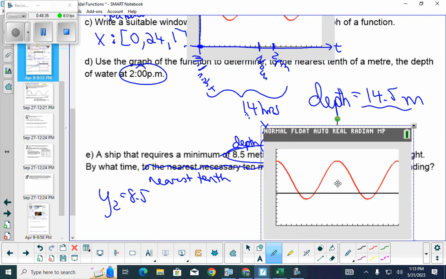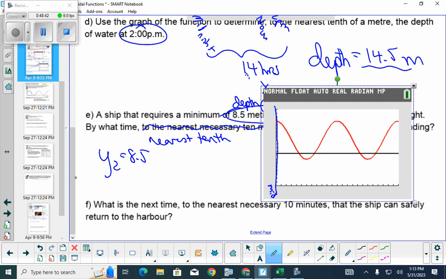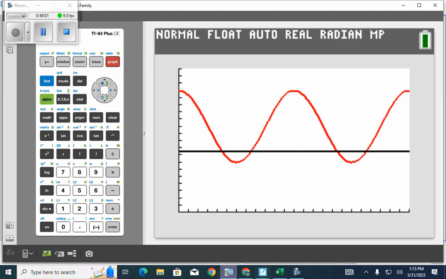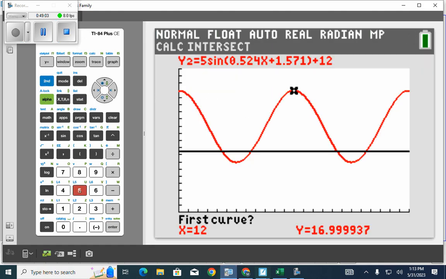This right here is midnight. We need to know this point right here, just the first one, because the ship is in the harbor right now, sitting in the harbor, and the water level is going down. At what time does it need to get out of there so it doesn't ground? So intersect, and we just want to find the first intersection.